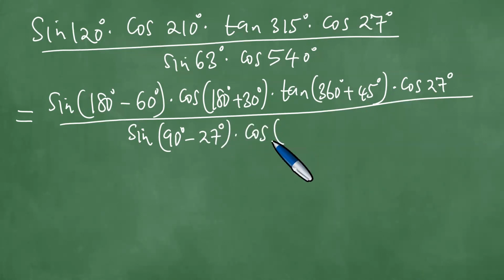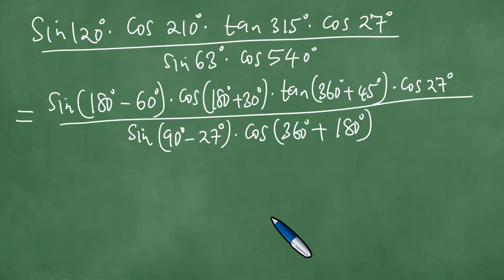And this one is cosine of 360 degrees plus 180 degrees. So we continue.